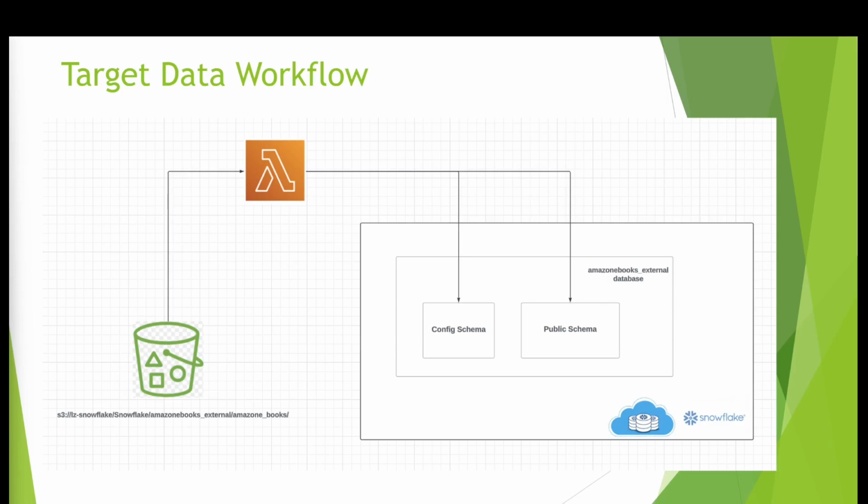This script consists of all the steps like getting the last extract date, loading data to the external table, loading the data to the transient table where it consists of the merge into command, and finally updating the config table on successful loading of data. So all the steps are included in the Lambda script.